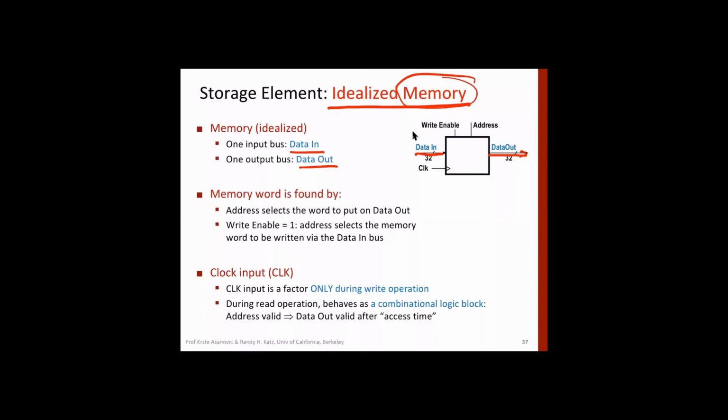Note that in memory we can read only one word at a time, or 1 byte at a time, right? We cannot read 2 bytes or 2 words at a time. There has to be only one port, unlike the register file where we can read 2 registers at a time.